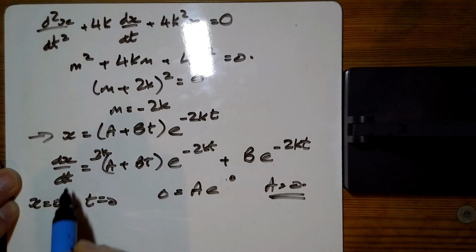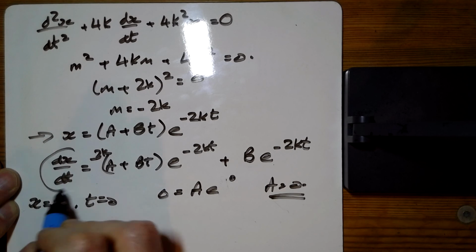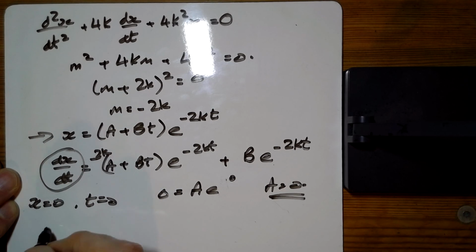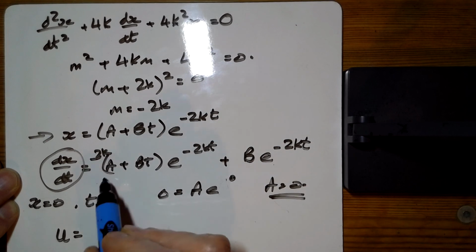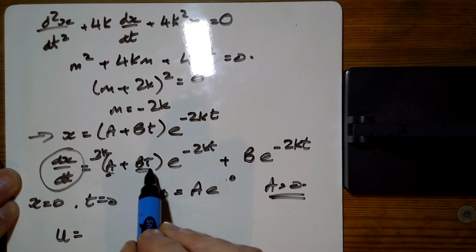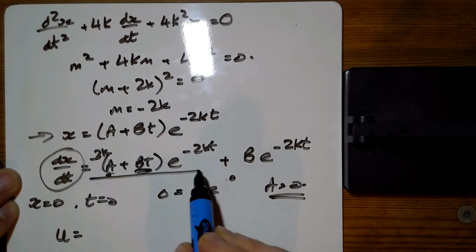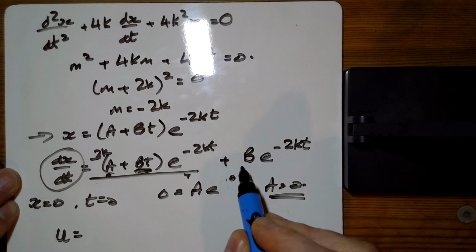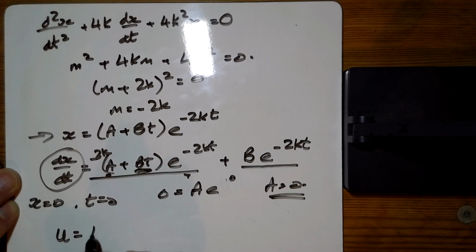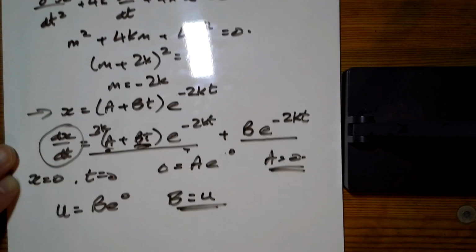And from the next bit, this thing here is the speed. So our initial speed is u, and I'm putting a 0 in here, aren't I? So we know a is 0. There's a 0 here, so all of that's just going. Putting the 0 in here gives me b e to the 0. So I've got b is equal to u.